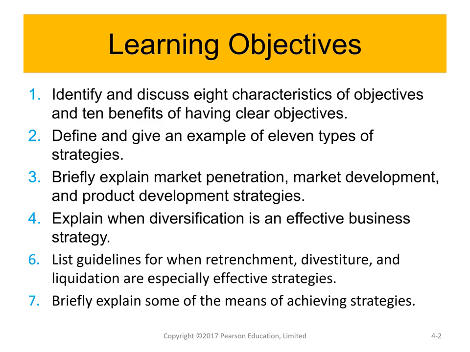We will briefly explain the concepts of market penetration, market development, and product development strategies. We will look at diversification as an effective business strategy. We'll also look at some guidelines for particular strategies like retrenchment, divestiture, and liquidation, and we will also look at some of the means of achieving the various strategies mentioned above.